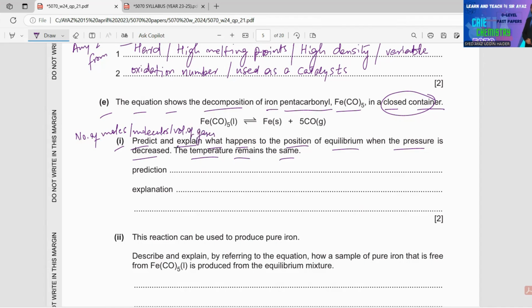On the reactant side, it's 0. You can't see any gas here. What about the product side? It's 5. We have only one gas, carbon monoxide, so 5 moles of carbon monoxide. So if you decrease the pressure, it will shift to the side with the higher number of moles. So the equilibrium definitely shifts to the right-hand side or product side.